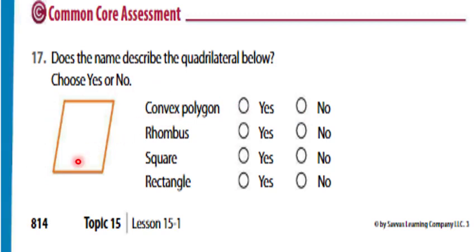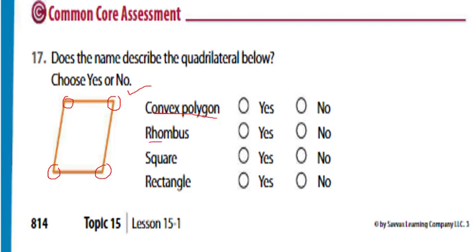So we studied about convex polygon while discussing the video, that it's a polygon with all the angles pointing outwards. Very nice. So is this polygon a convex polygon? Yes or no?